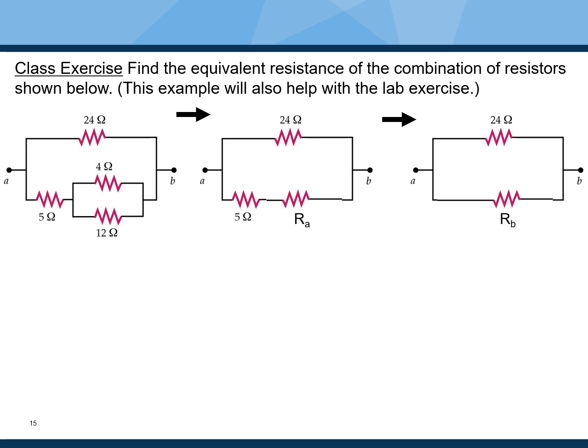So let's go ahead and first realize that we can combine the 4 ohm resistor and the 12 ohm resistor, and we have to do so reciprocally. So we realize that 1/4 ohms plus 1/12 ohms is just equal to 3/12 plus 1/12, which is actually equal to 4/12 ohms.